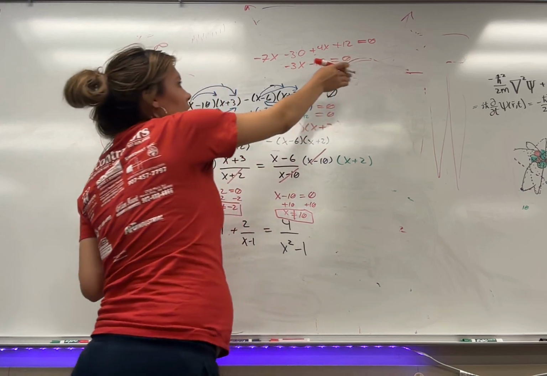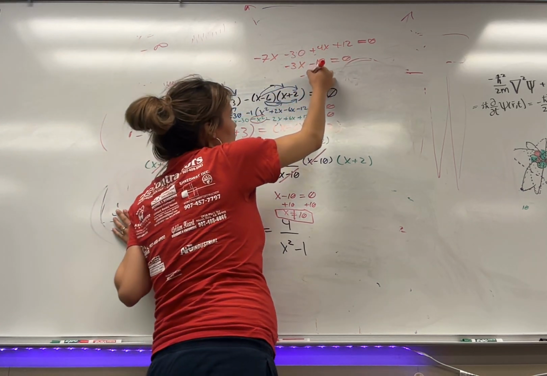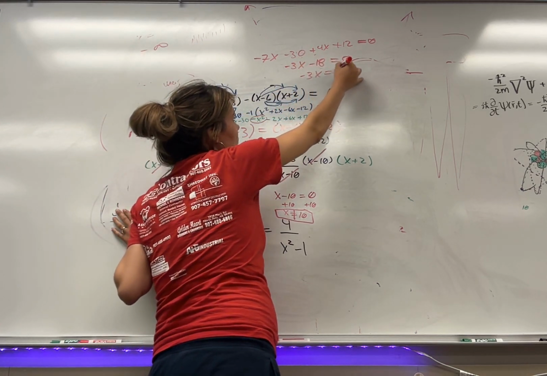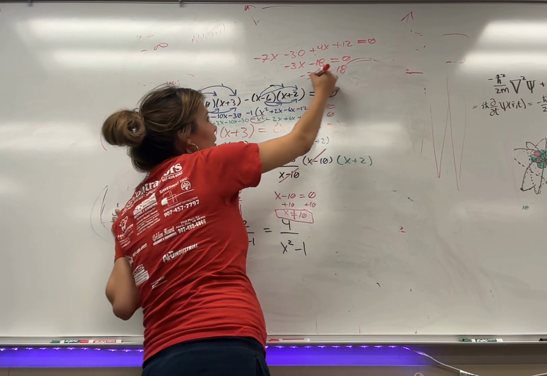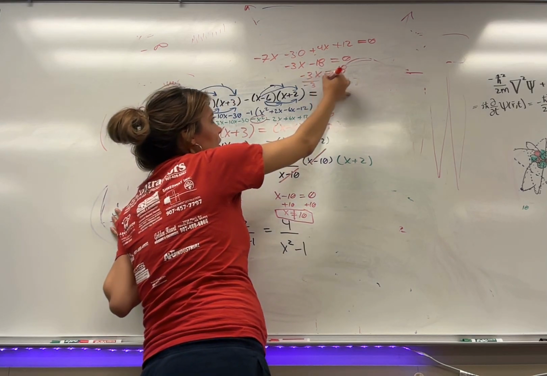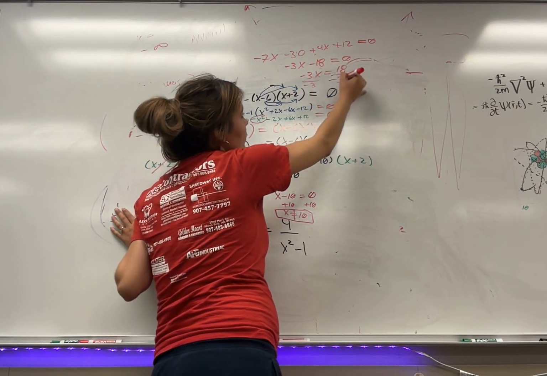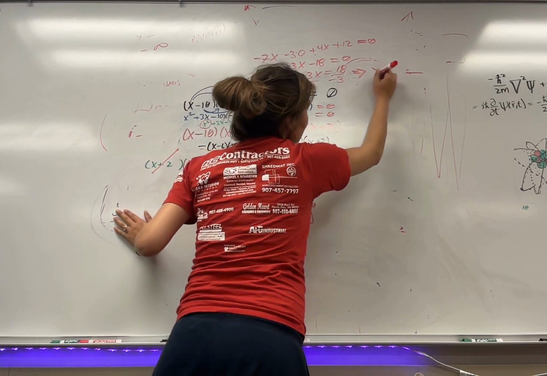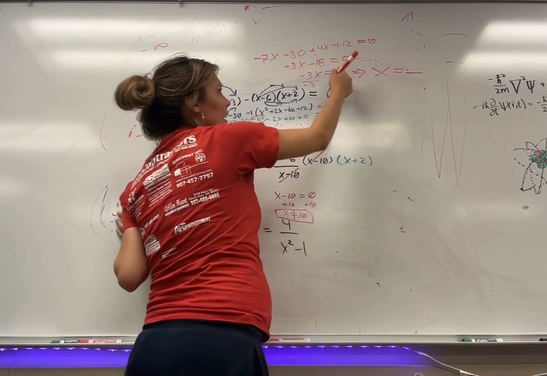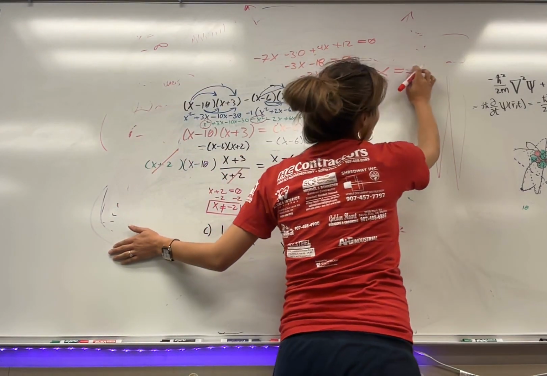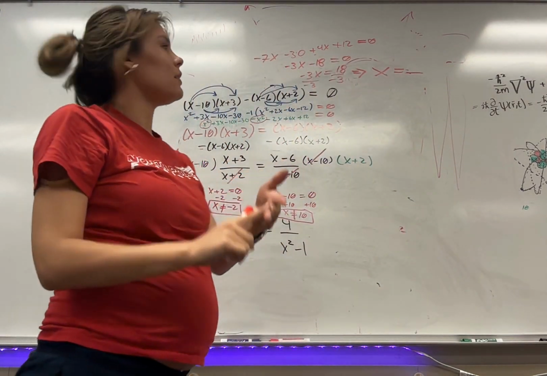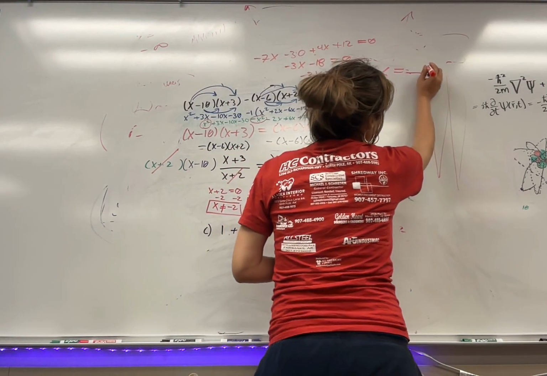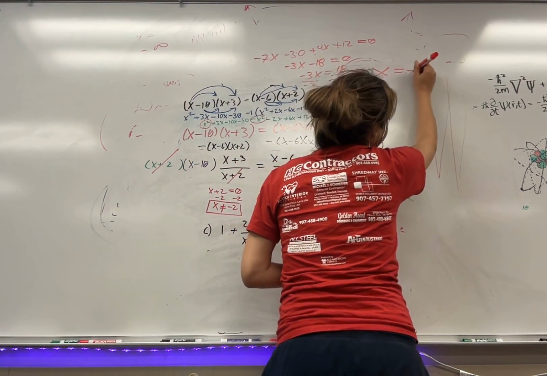So let's move that 18 to one side of the equation. What we get is negative 3x is equal to positive 18. Divide out this negative 3. Negative 3. And what we find is that x is equal to 18 divided by negative 3, or 6, 12, 18. It is equal to negative 6.